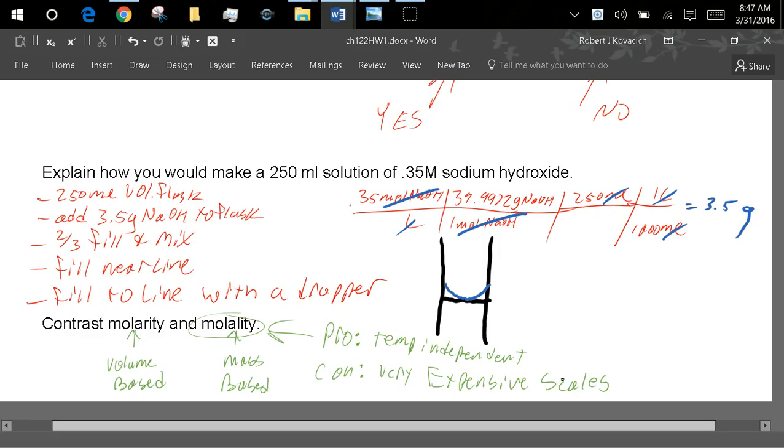So if I want a scale that can read to a few decimal places and can do even something as small as 100 milliliters, I'm spending thousands of dollars. And if I want large volumes, like say 2 or 3 liters, like a 2.5 liter container, I'm probably going to spend like $15,000 on that scale. So it's just cheaper. All right, that's it.